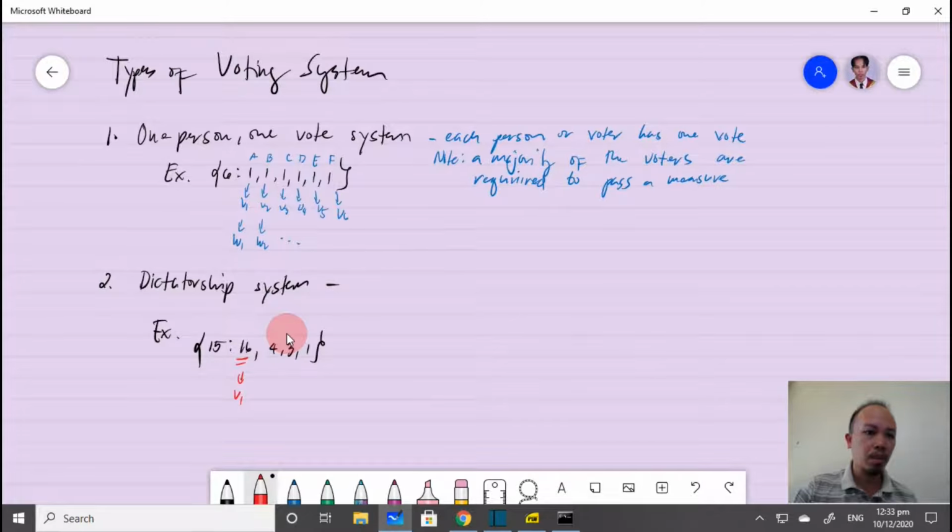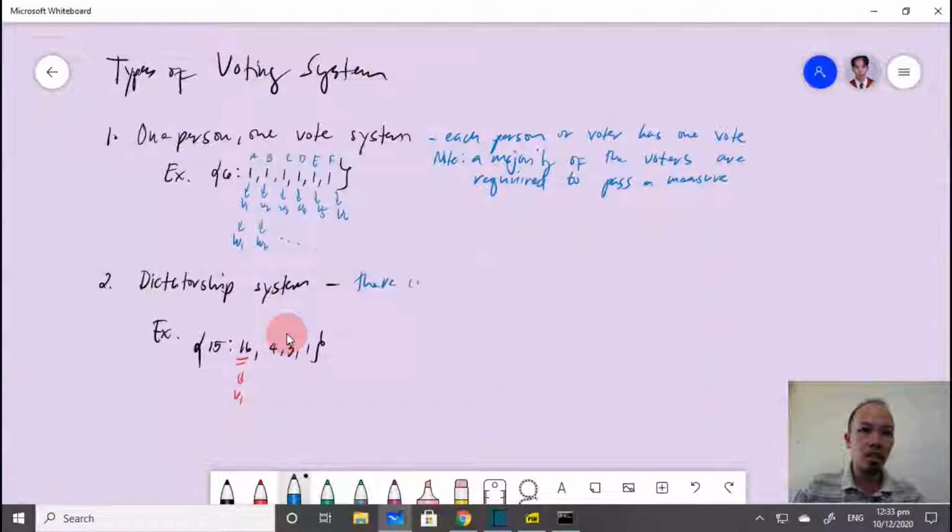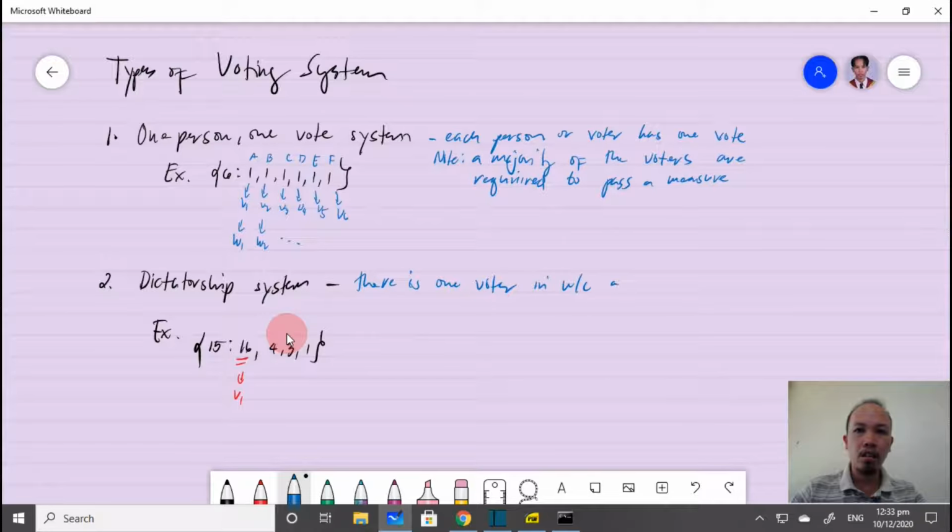In this system there is one voter, and that voter is a dictator.